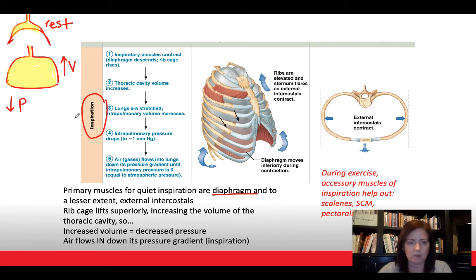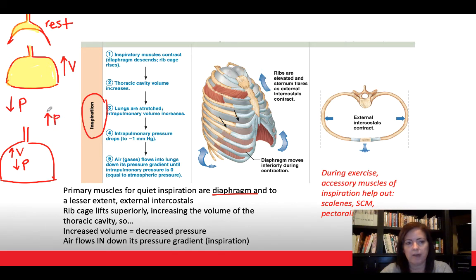So let's draw this picture again. Here's our thoracic cavity, with our diaphragm down here. Here we have pressure decreasing inside our thoracic cavity because we have an increase in volume when we breathe in. So our pressure is going to decrease below that of atmospheric pressure around us.